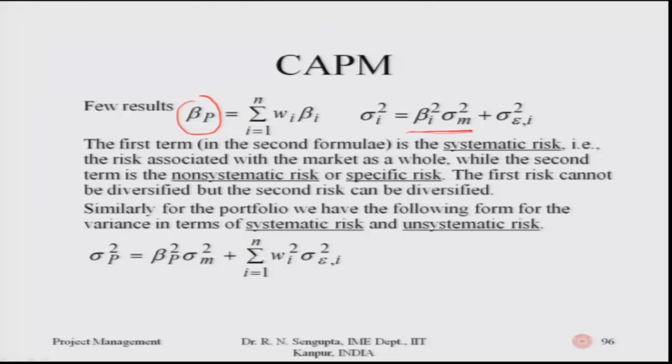As just mentioned, the first term in the second formula is the systematic risk, that is the risk associated with the market or the overall portfolio or set of projects, while the second term is the non-systematic risk, which is specific to the project. Like if I am planning to build a bridge or a huge stadium, or an oil rig platform in a certain country or a certain area of the sea, and the political uncertainty is very high in that region, obviously it will have a negative impact.